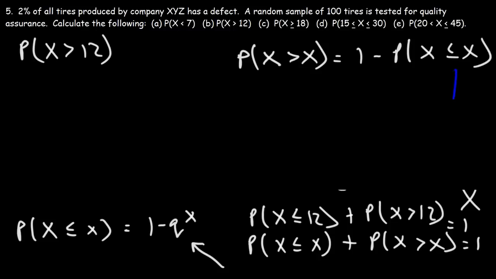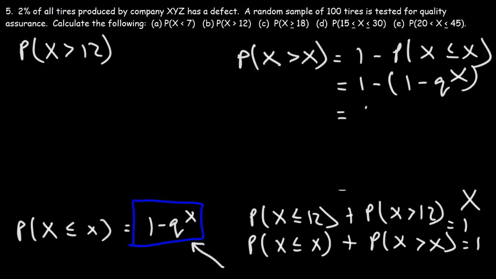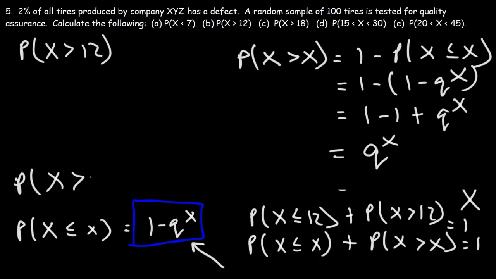Now, we have the formula for this expression, which is what we have here. So this is going to be 1 minus q to the x. Now let's distribute the negative sign. The ones will cancel, giving us q to the x. So the probability that x is greater than little x is simply q raised to the x.